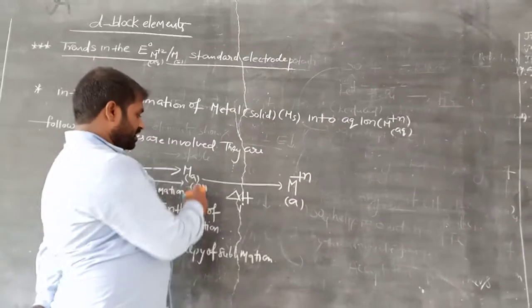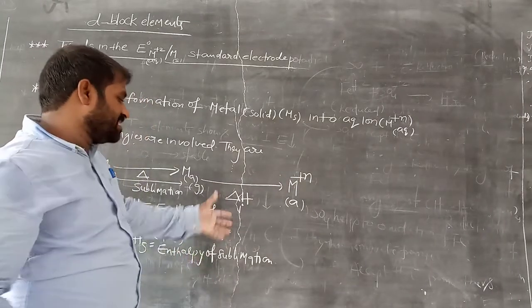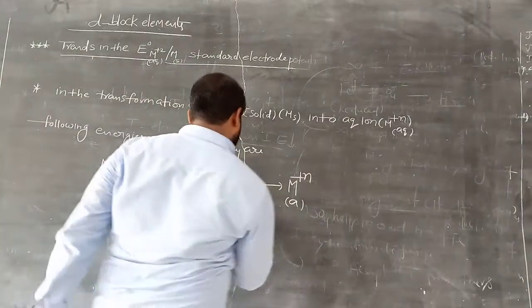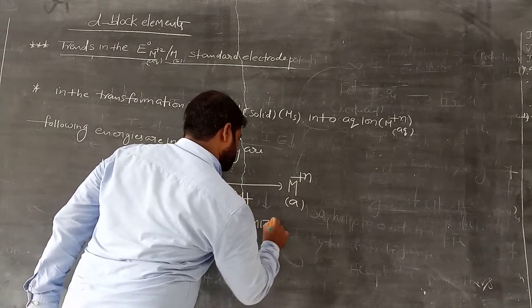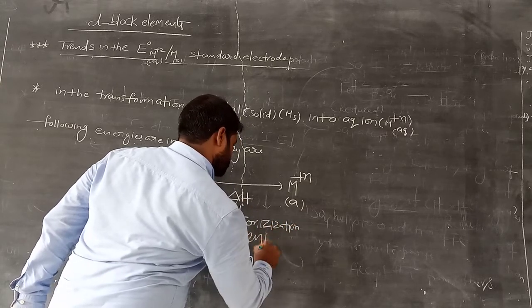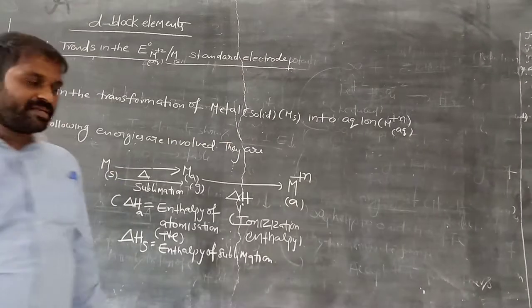Is it clear? We remove n electrons, so we apply ionization energy, delta H i, that is called ionization enthalpy. Okay, clear?